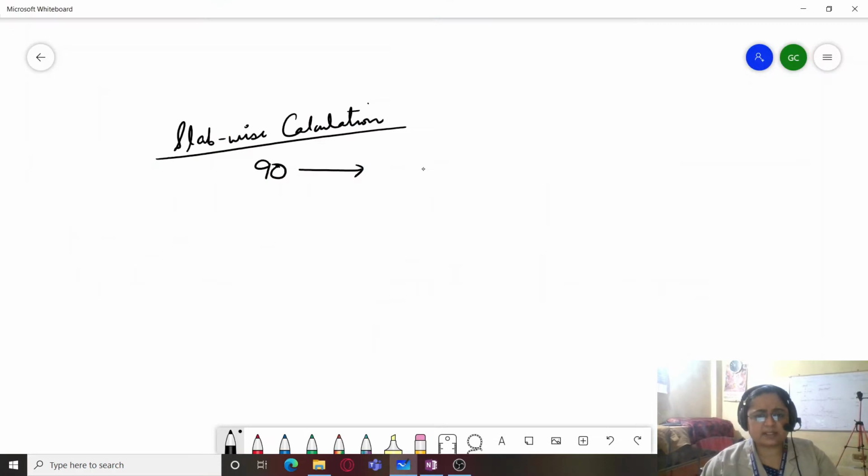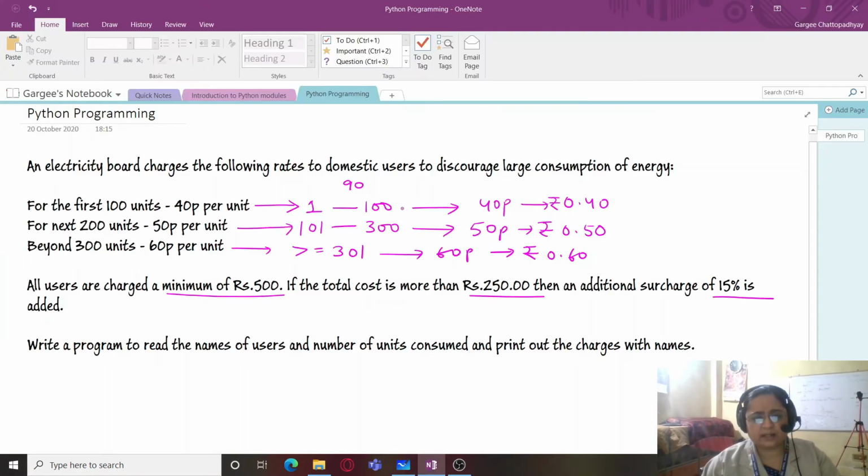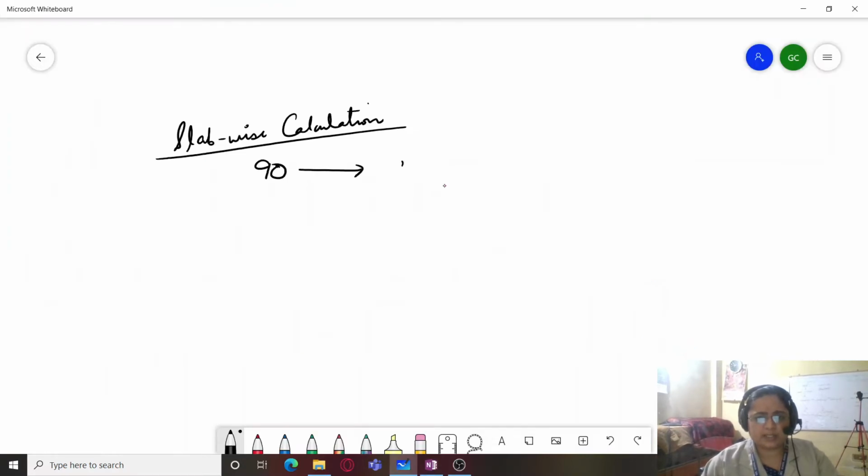And because it is slab 1, and we know that within slab 1 you have to pay 40 paise per unit, it will simply be 90 multiplied by 0.4, that is 36 rupees you will have to pay.